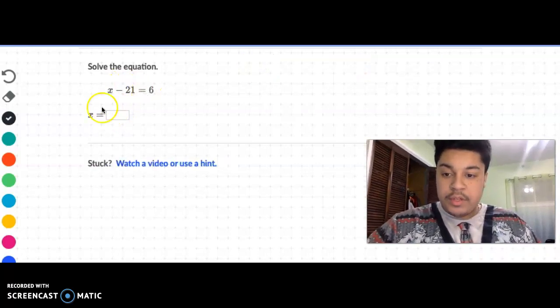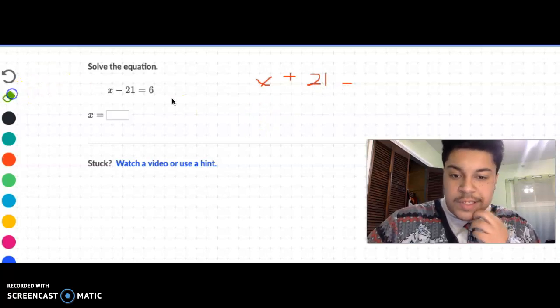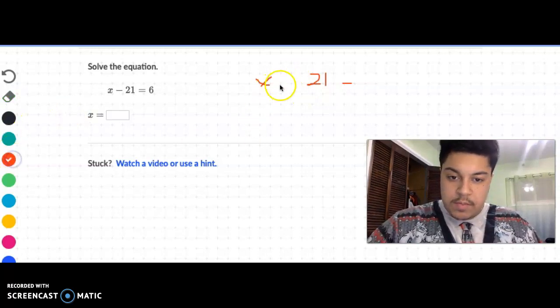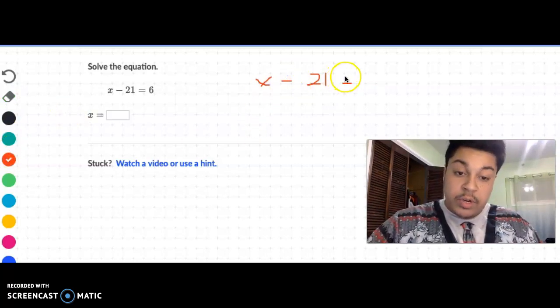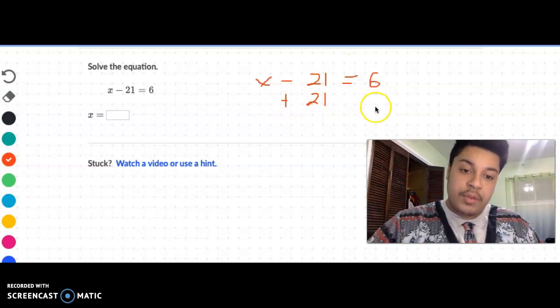Let's go ahead and do this one. I meant x minus 21. So x minus 21 is equal to 6. Since this is a negative 21, you're going to add 21 because you always do the opposite. Whatever you do to this side, you do to the other side.